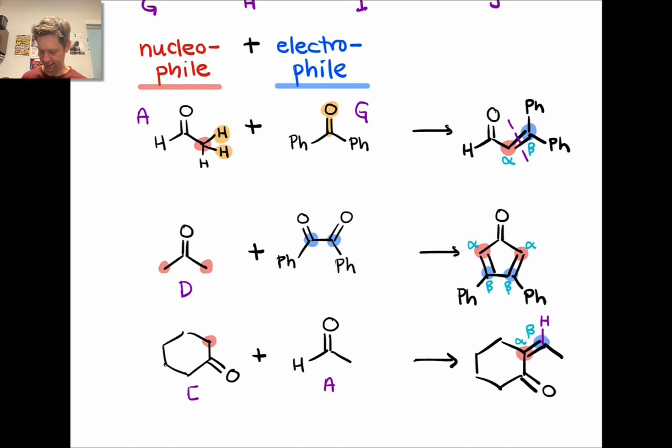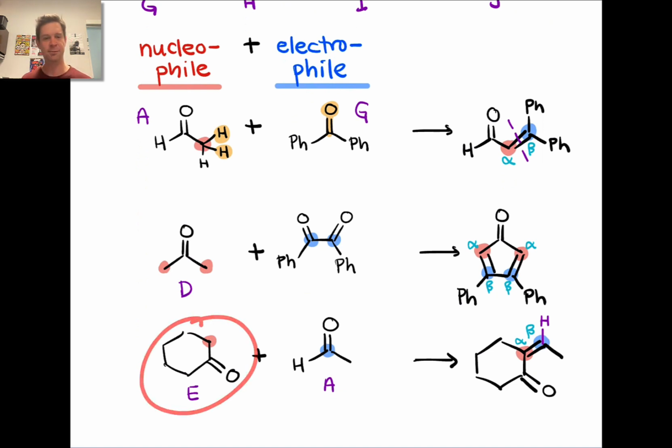Nice. Okay, and again here, our electrophilic carbon is there. And we can imagine the target forming through, for example, a base-promoted aldol condensation, where we make an enolate intermediate here, for example. We could do this with a directed aldol, right?